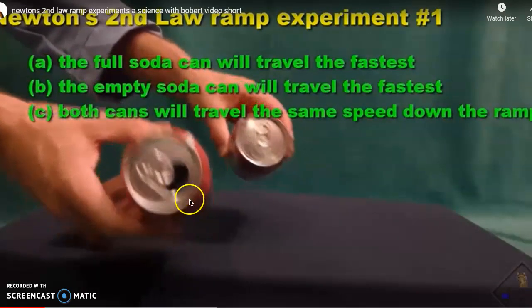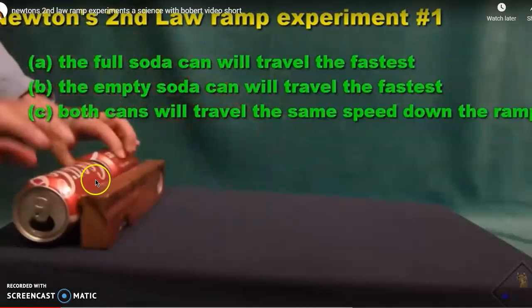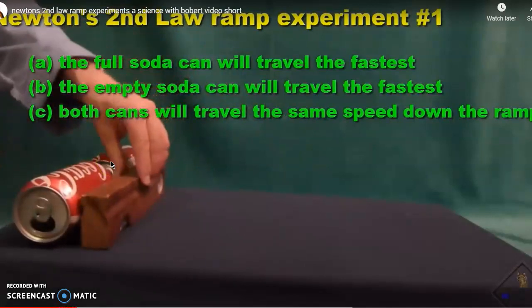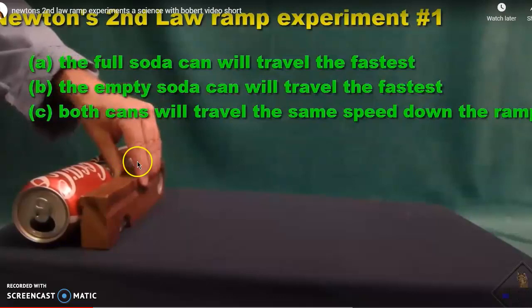So we can see this one with the hole is open, the one that's closed is full of Coke. Let's pause this real quick. He's going to remove our little stopper, and then we're going to watch them roll down a ramp and see what happens. And why.